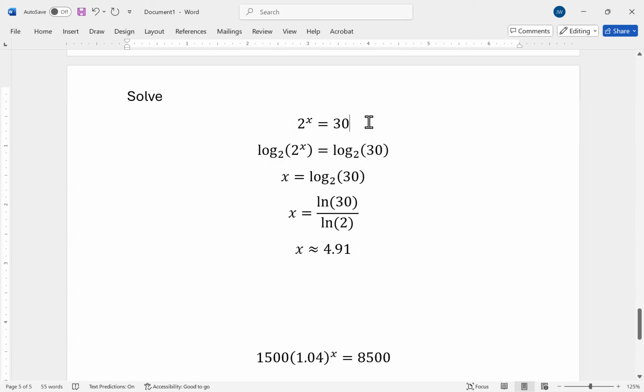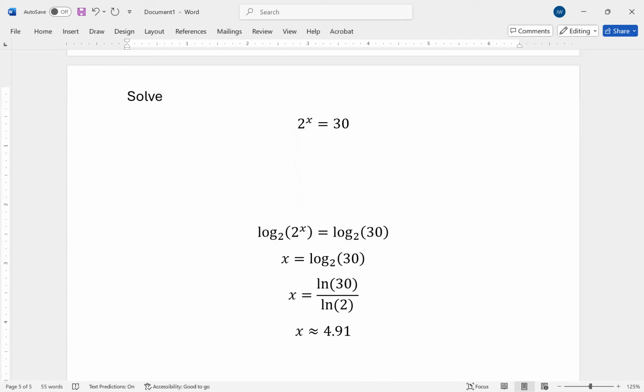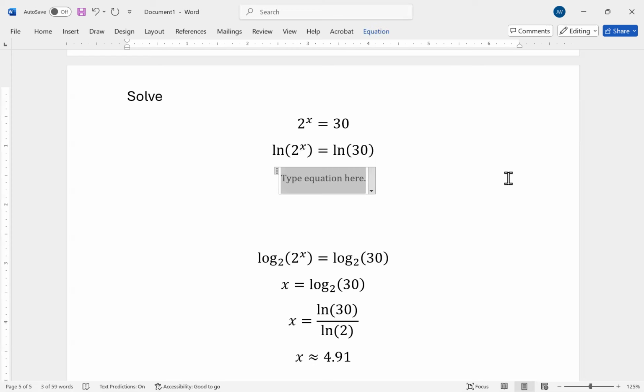Another option we could have used is the natural log immediately. I could have taken the natural log of the left-hand side and set that equal to the natural log of the right-hand side. When I do that, instead of using the inverse property, since these two have different bases, this is log base e, and this is base 2 raised to the x power, I could utilize the power rule.